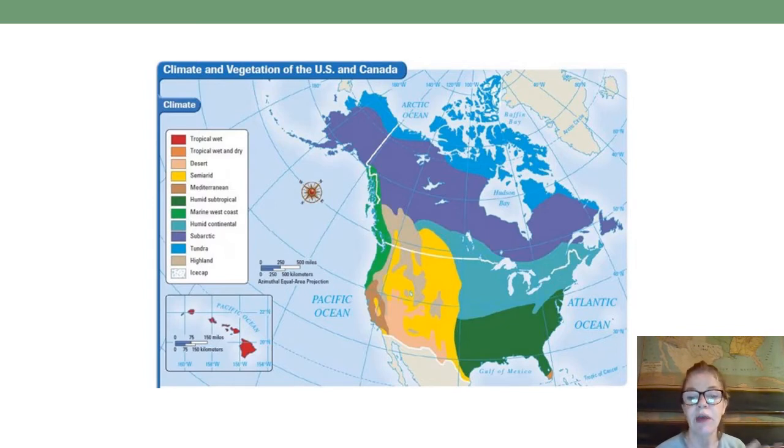In California, we have a Mediterranean climate, so look at the characteristics for that. We even share the subarctic and Arctic climates of northern parts of Canada because of Alaska. So in the Northwest, we do share many physical characteristics of climate and geography with our northern neighbor, Canada.